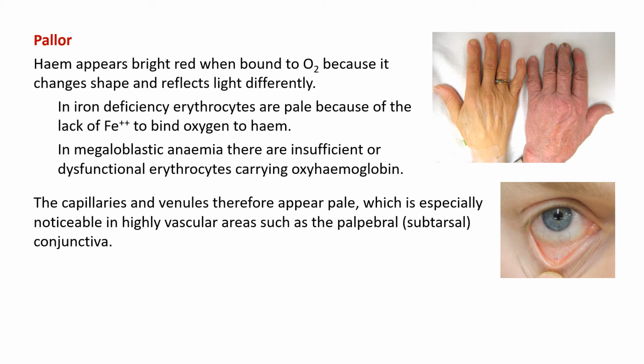In the other, we don't have the erythrocytes to bind oxygen and give us that lovely red colour. So the capillaries and the venules, particularly in highly vascular areas, appear pale. And this is why we check the subtarsal conjunctiva, because that's a highly vascular area, it's easier to reach.